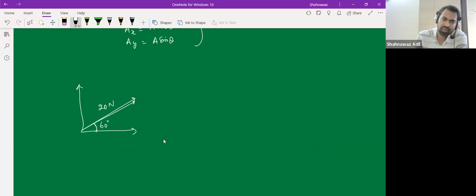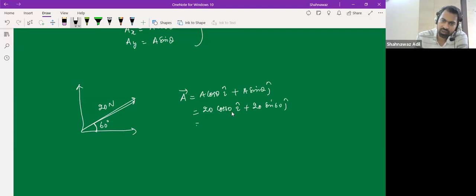We can write the vector in Cartesian coordinates as A cos theta i plus A sin theta j. So A is 20, cos 60, i plus again 20 sin 60, j.